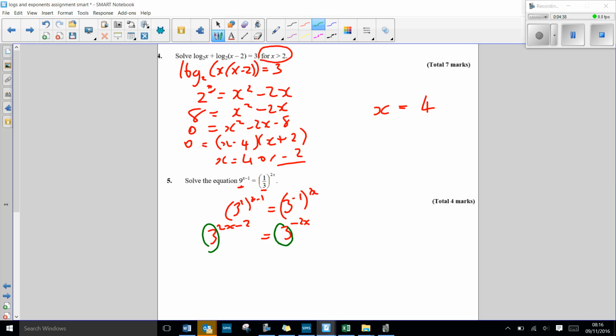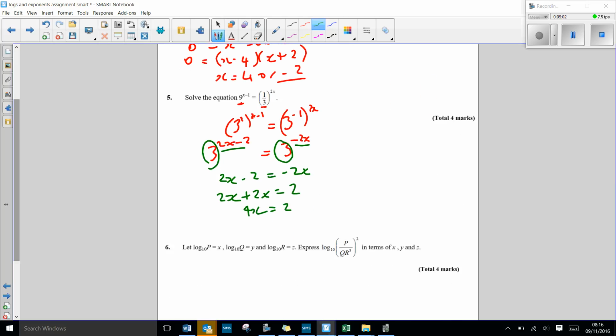So we would say that 2x minus 2 equals negative 2x. And we're going to solve this. So I'm going to bring my negative 2 to the left, so it becomes 2x plus 2x. And I'm going to bring my negative 2 to the right. So 4x equals 2, x equals 2 over 4, which is 1/2.